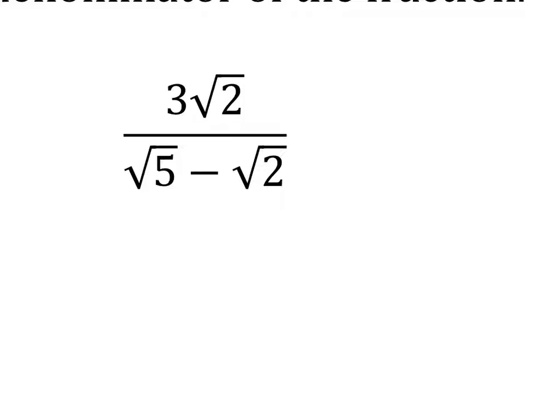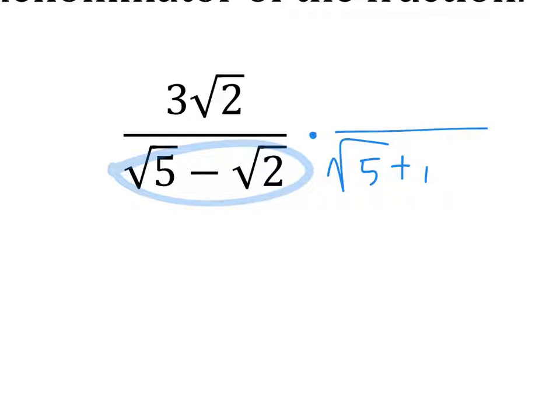You have to multiply by something called the conjugate. We've been doing conjugates for like 2 chapters already, right? What is the conjugate of the denominator? Plus square root 2. Yeah. So we need to multiply by the conjugate. And remember, when you multiply by the conjugate, it has to be top and bottom.